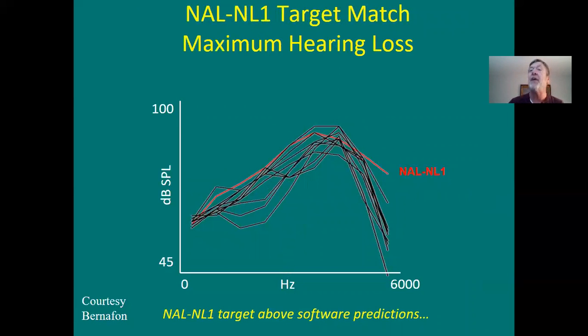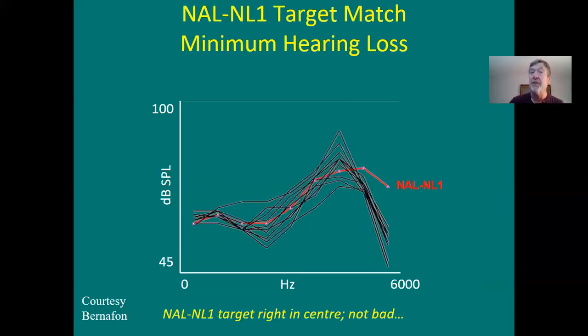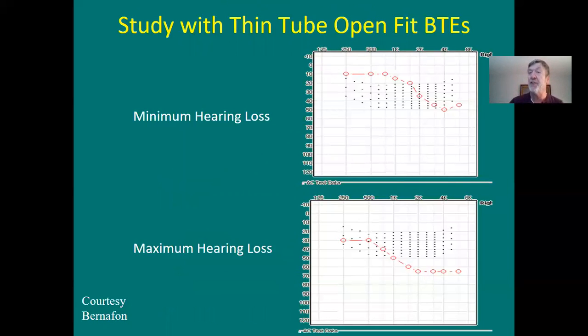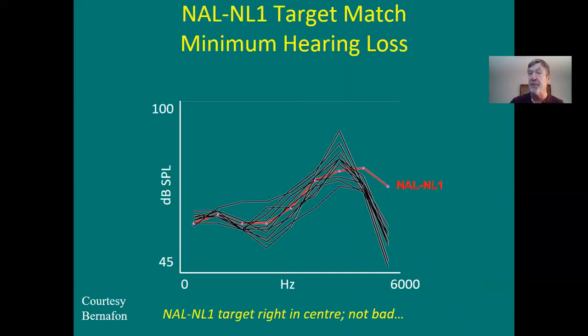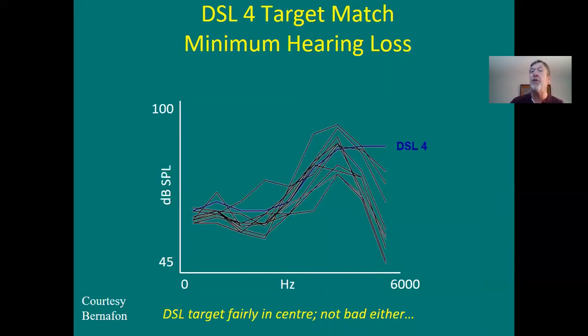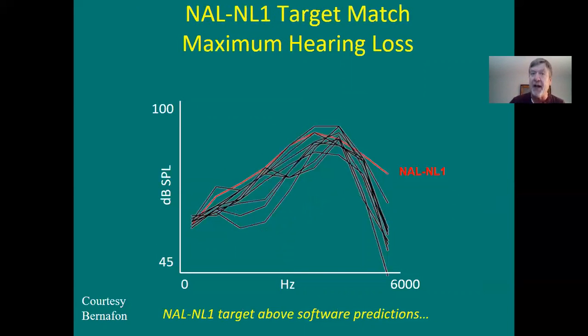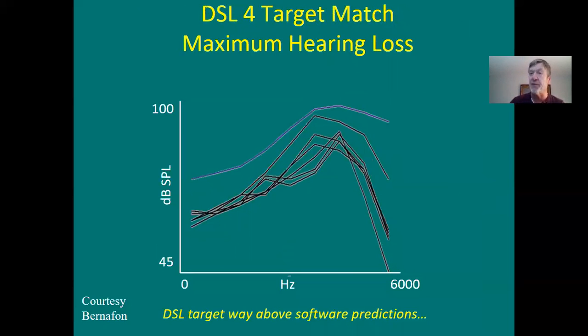How did the manufacturers implement those 2 fitting methods for a minimum loss and a maximum loss?